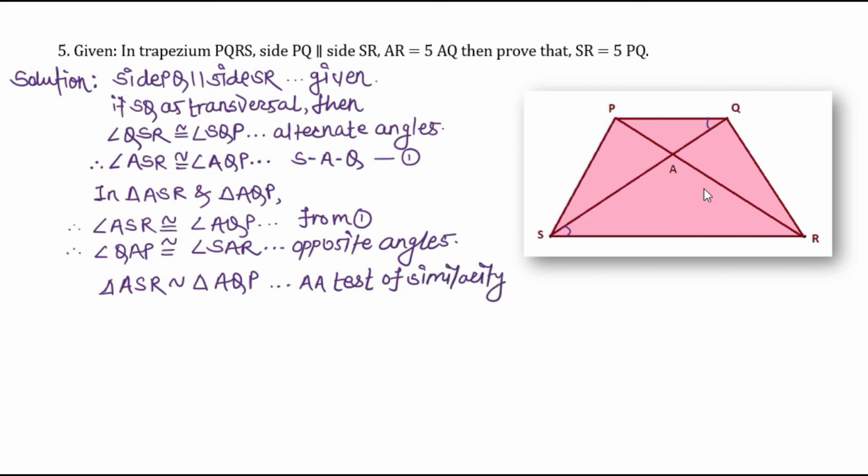So here we have one-to-one correspondence, that is A corresponds to A, S corresponds to Q, and R corresponds to P. See this? A corresponds to itself here and here. S corresponds to Q, and R corresponds to P. So using this correspondence, I can take ratio of corresponding sides of these two triangles.